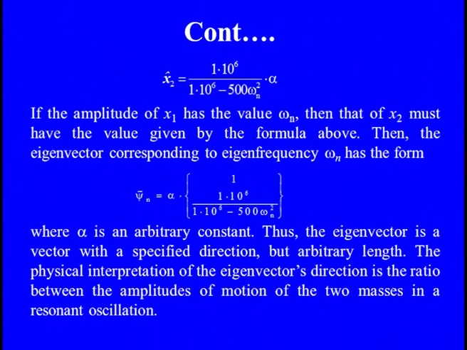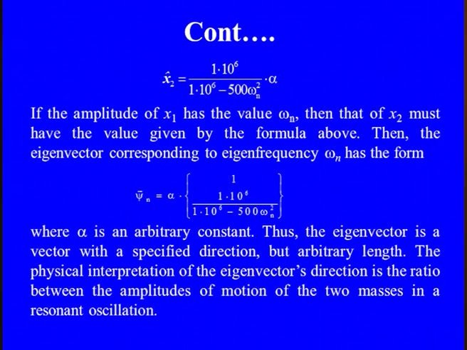We can put x1 amplitude as alpha 1, and x2 is equal to 1 into 10 to the power 5 divided by 1 into 10 to the power 6 minus 500, which is the mass m2, omega n square, alpha.